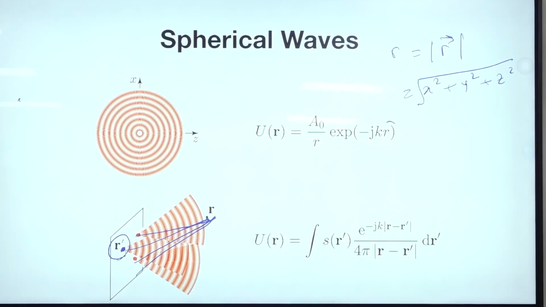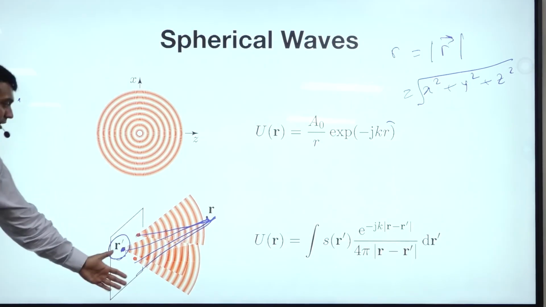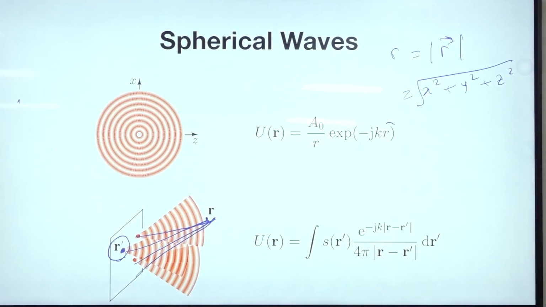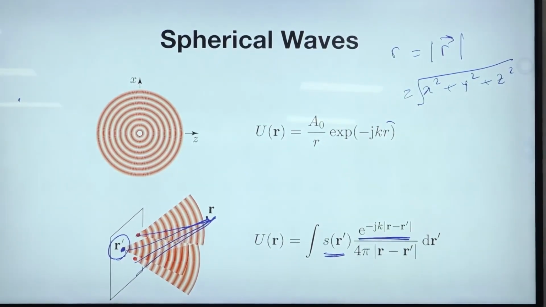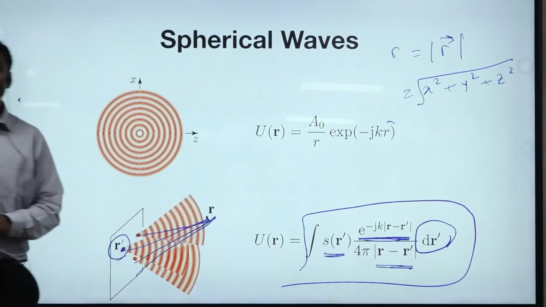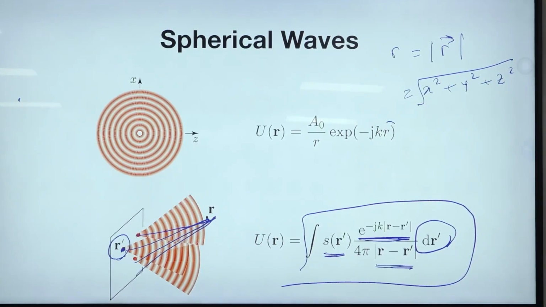How do you add up all the pieces? Each dot is emitting a spherical wave, s of r prime e to the j k |r minus r prime| divided by |r minus r prime|. You add up, integrate, and you get the field at a position r. That's the way you think about this.